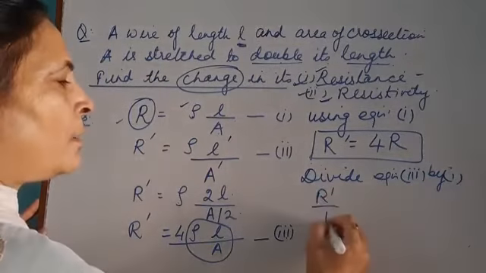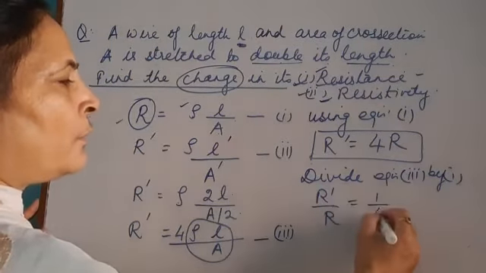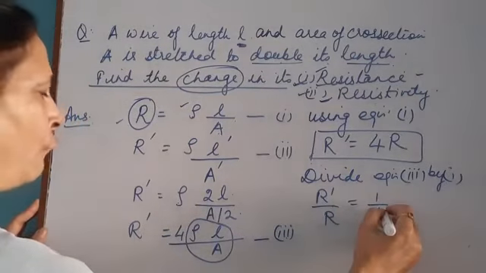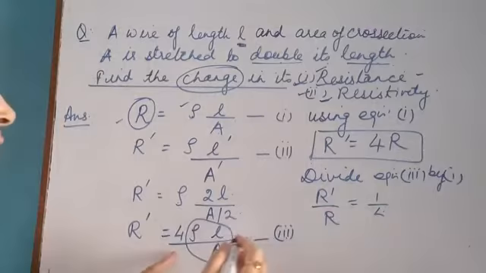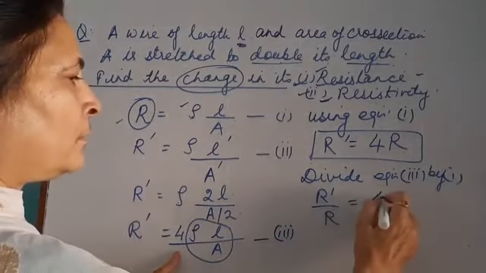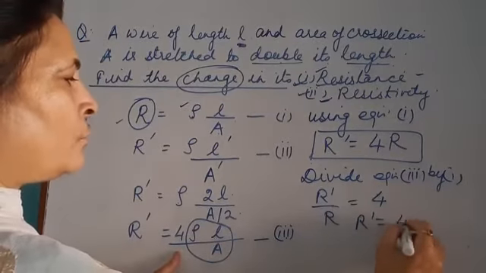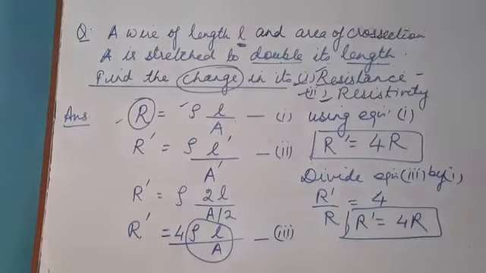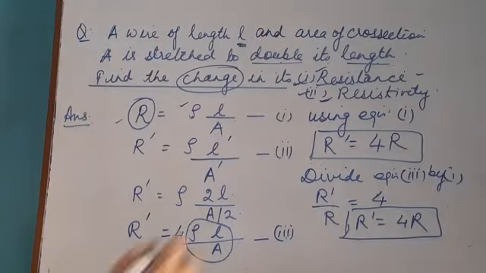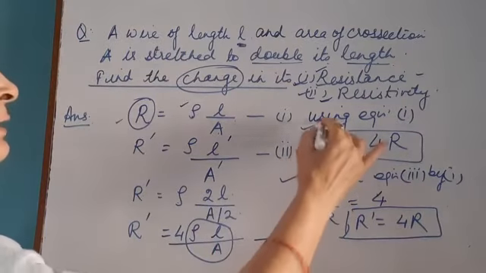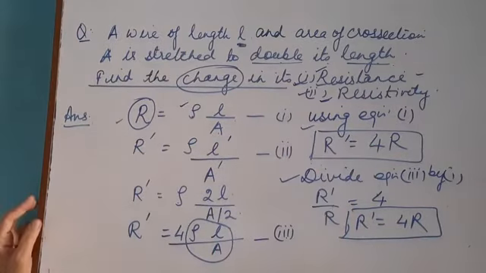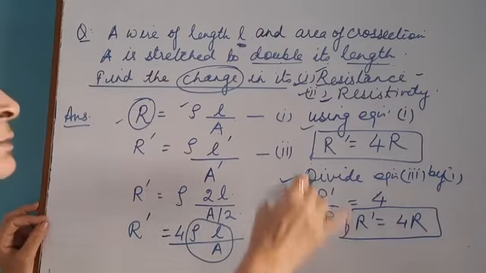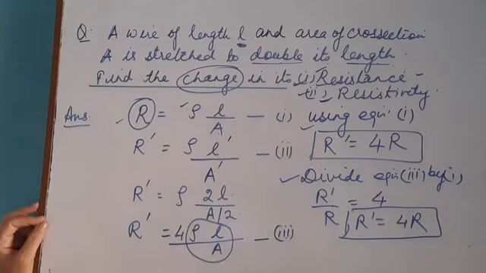R dash upon R will come out to be 4, and you will get R dash equal to 4R. So whether you divide or you directly put the value, you will get the same answer. You can do whatever you feel convenient.